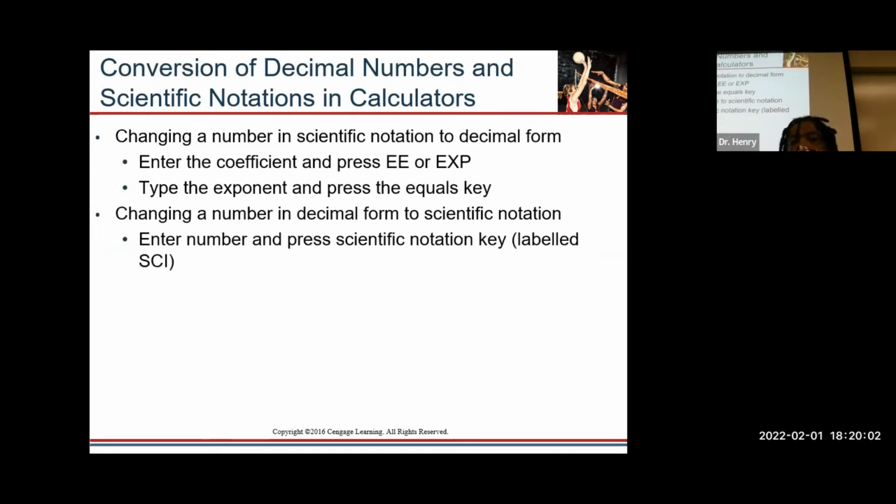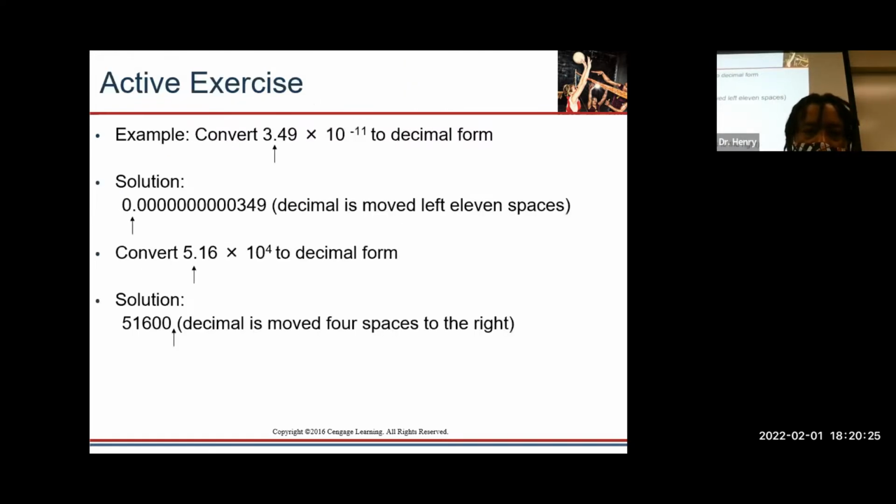So you need to be able to do this on your calculator. How many of you guys have a calculator with you today? Good. How many of you have your cell phone with you today? Good. If you have an iPhone or whatever phone, you all have calculators, right? So pull out your calculators. I would like you to enter this into your calculator.